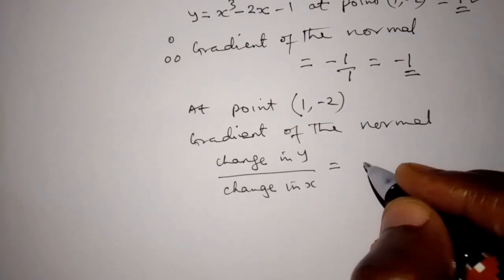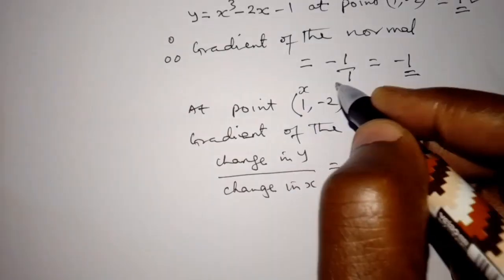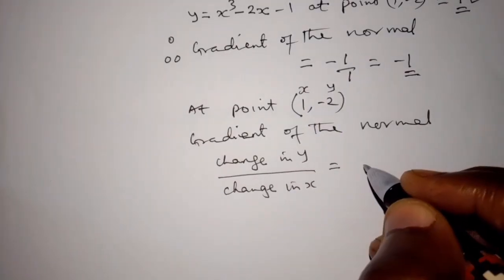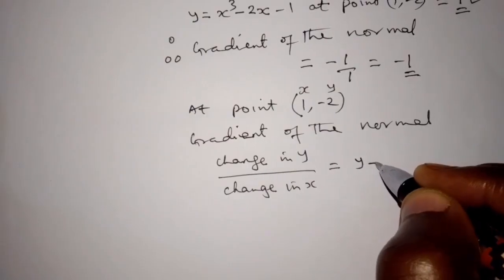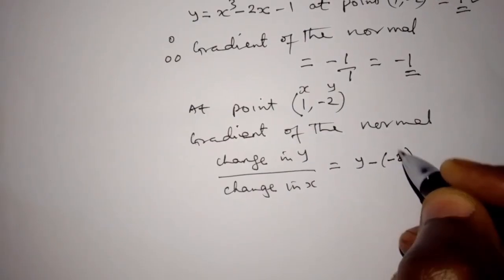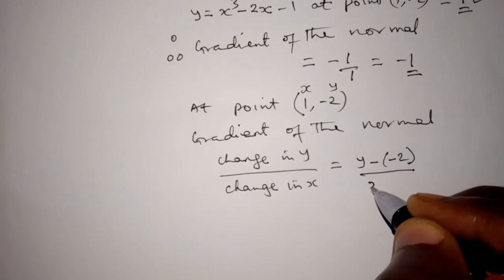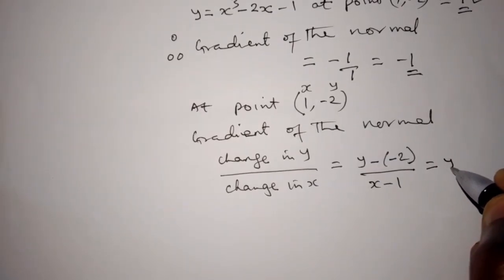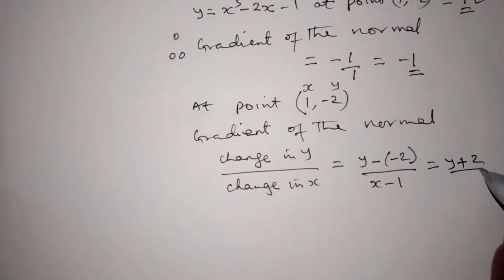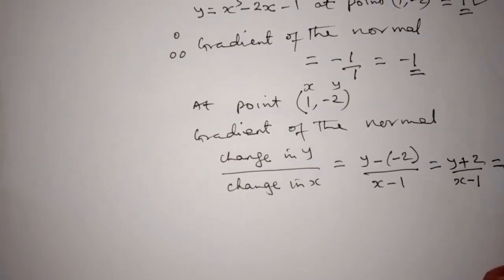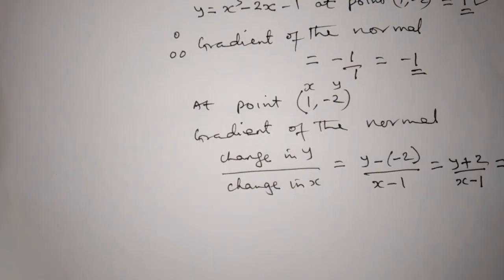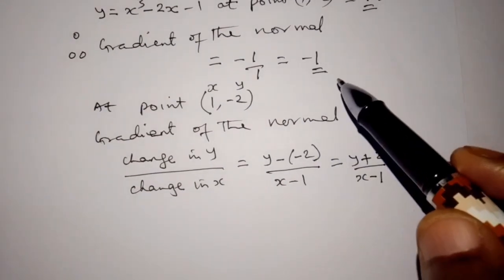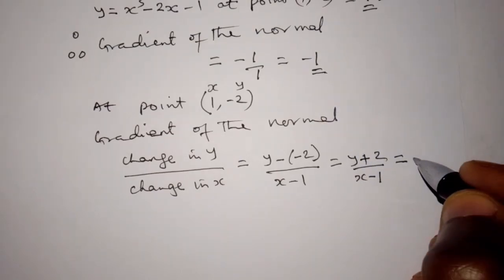This is our x, this is our y. So this is y minus negative 2 here over x minus 1 here. That is giving us y plus 2 over x minus 1, and this is the gradient of the normal, which is negative 1.